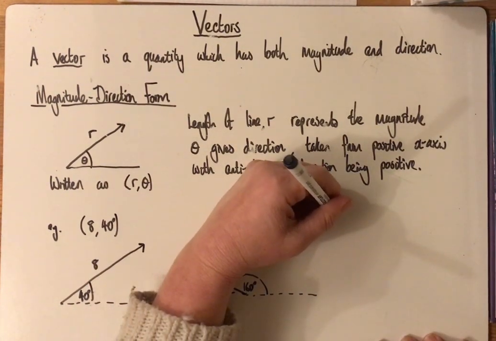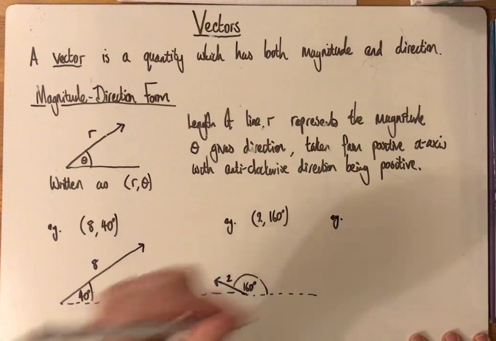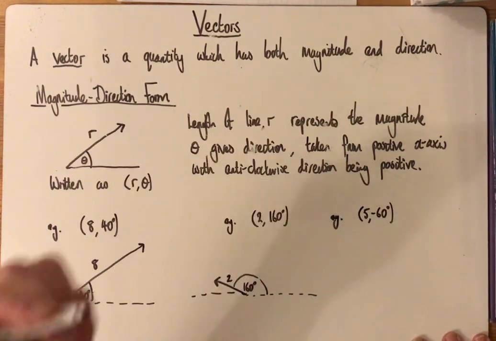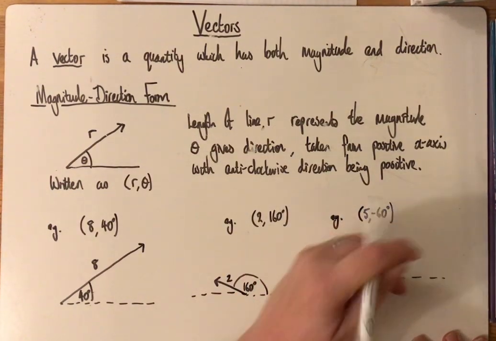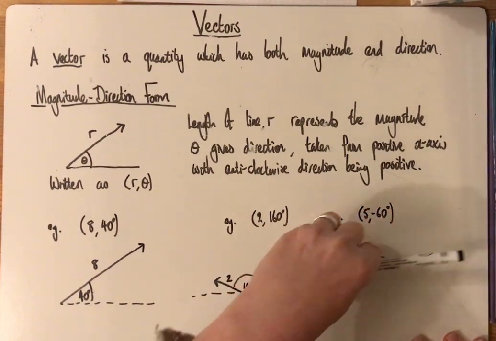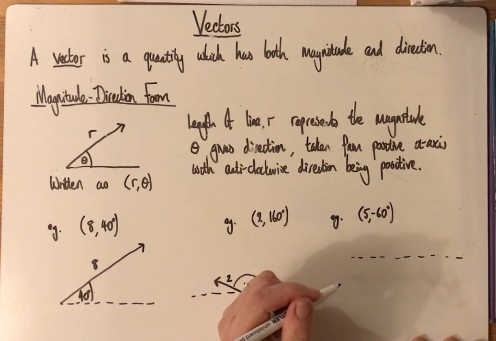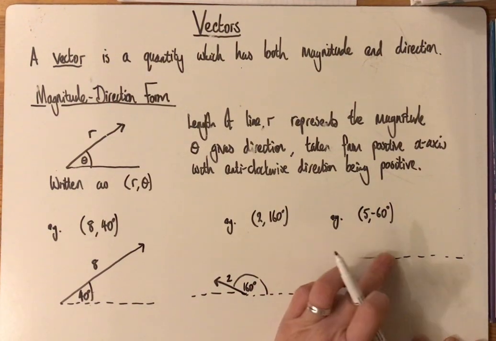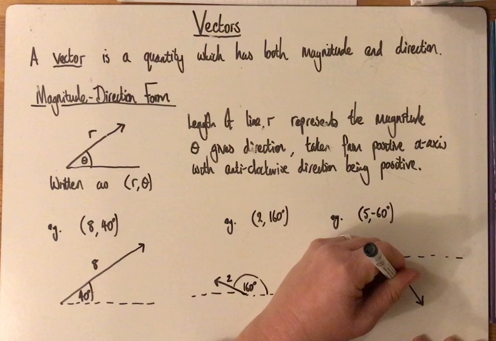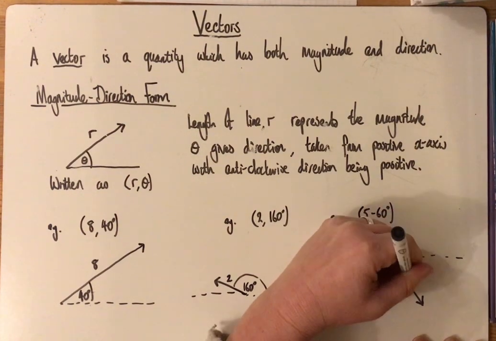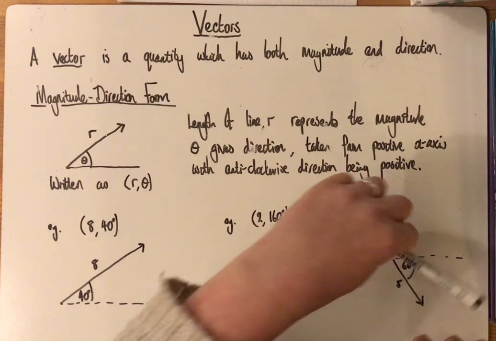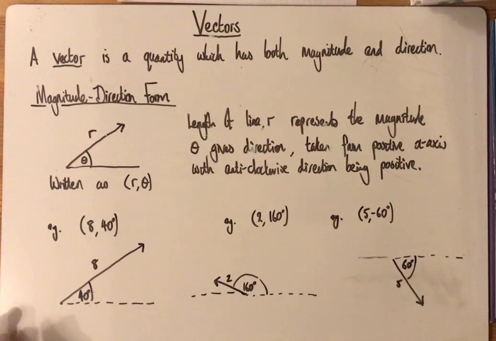And then one more would be 5 and minus 60. Anti-clockwise is the positive direction, so clockwise is the negative direction. So this one is coming down 60 degrees, length 5, in a negative direction, which is a clockwise direction from the positive x-axis.